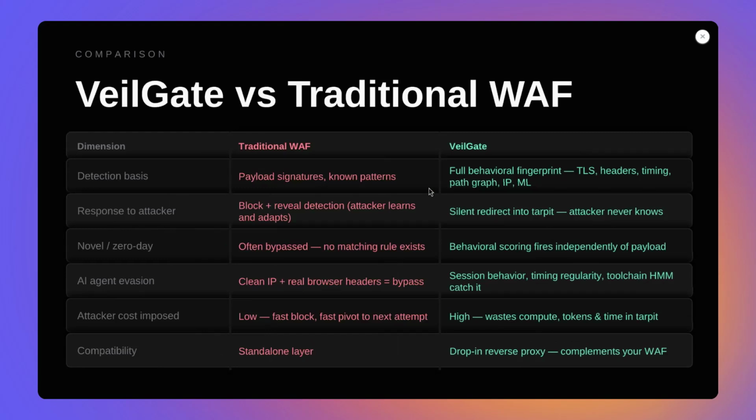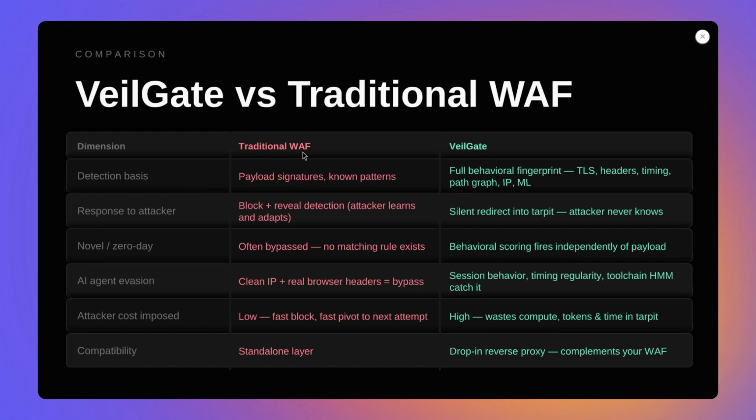What is the difference between VeilGate and a traditional web application firewall? On the detection basis, traditional WAF is signature based, but VeilGate works on behavioral fingerprinting. The response to attack is a blocking system in WAF.